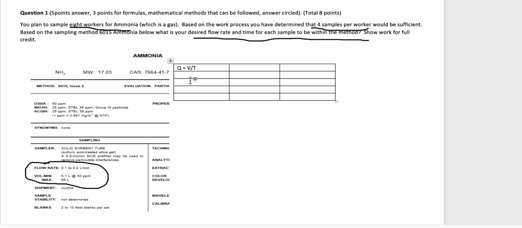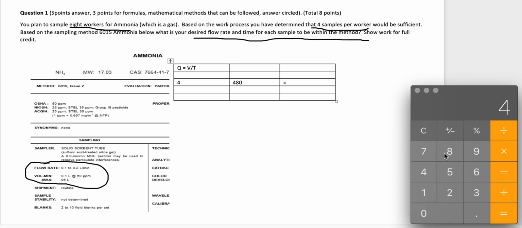But we know that we want to sample 4 workers for an 8-hour shift. So that means we're going to run for a time of 120 minutes. This is our target time.